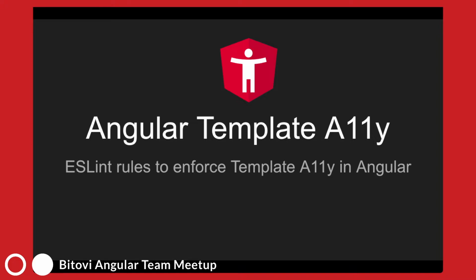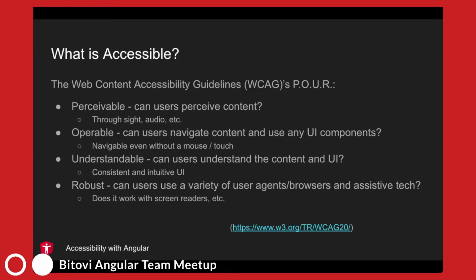Angular template accessibility: using ESLint rules to enforce accessibility in Angular. The Web Content Accessibility Guidelines use the acronym POUR to outline their accessibility guidelines. That acronym stands for perceivable, so making sure that users are able to perceive your content through sight or listening to it.